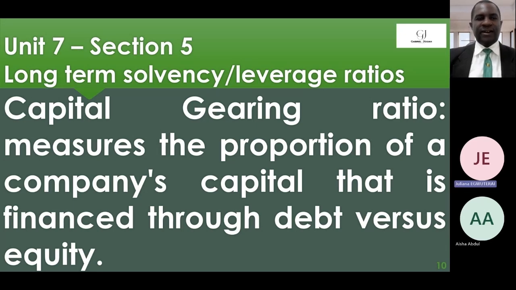All right. So looking at another explanation here, the capital gearing ratio measures the capital that is financed through debt versus equity. The difference between the numerator and the denominator is just equity, then reserves. You want to see your numerator as your debt and your denominator as the total capital structure, including preference shares, equity, reserves, and any debt.